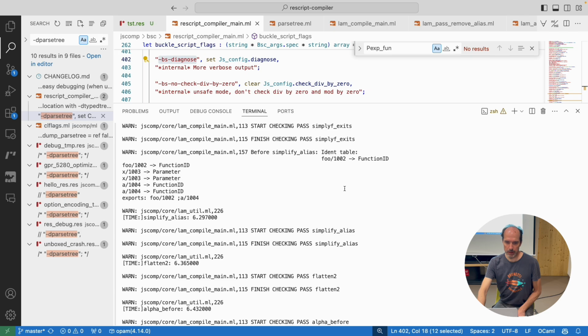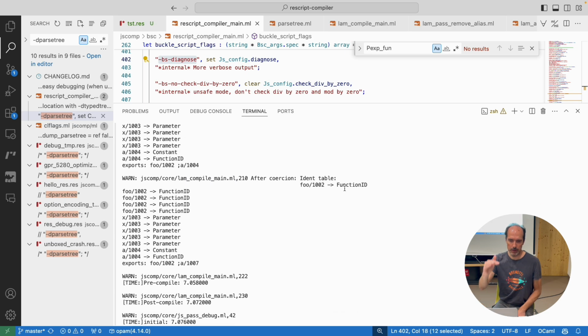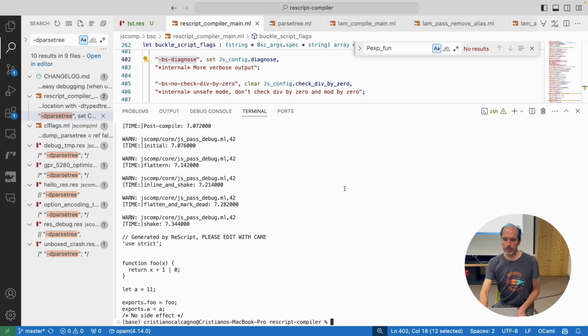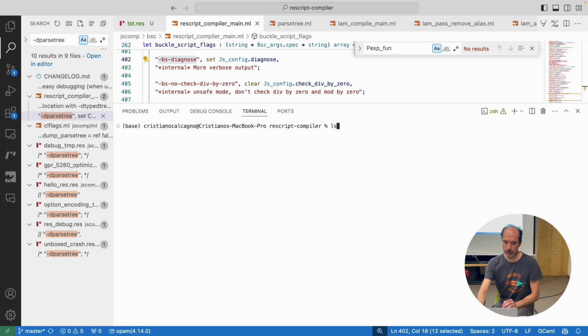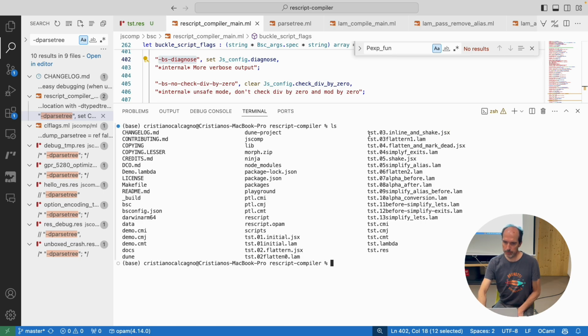So this is going to bring a bunch of stuff, and then it's going to generate various steps in the compiler and show you what it has done. There are a bunch of lam files, which are these lambdas, and the name is the name of the transformation.